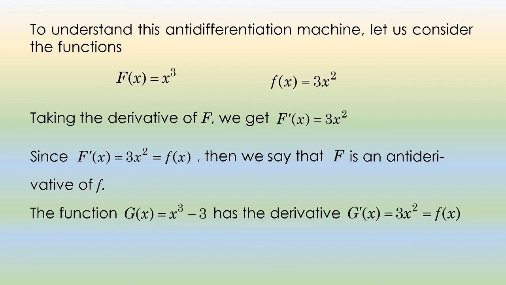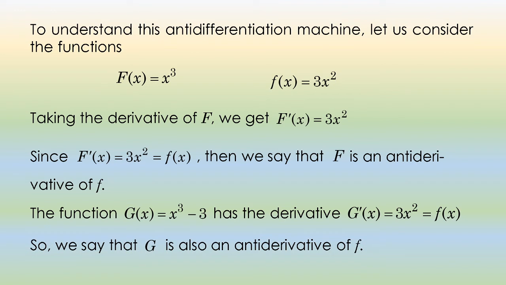The function g, which is equal to x cubed minus 3, has the derivative g prime of x, which is equal to 3x squared, and that is also the small f of x. So we say that g is also an antiderivative of f.